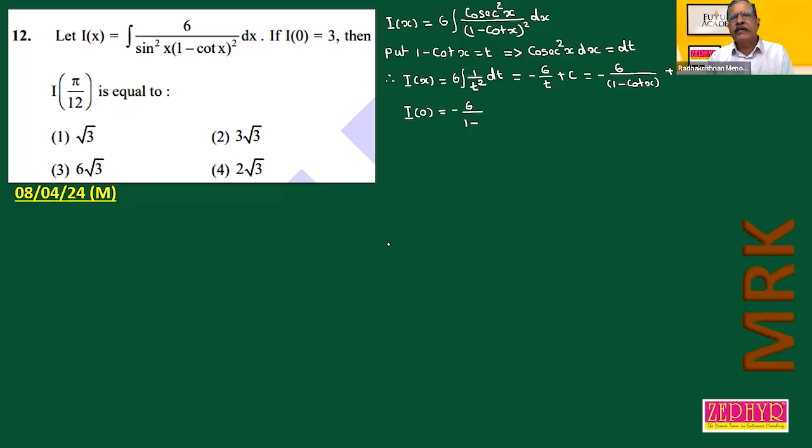1 minus cot x, if you write cos x by sin x. Cos x by sin x minus cos x, numerator sin x.